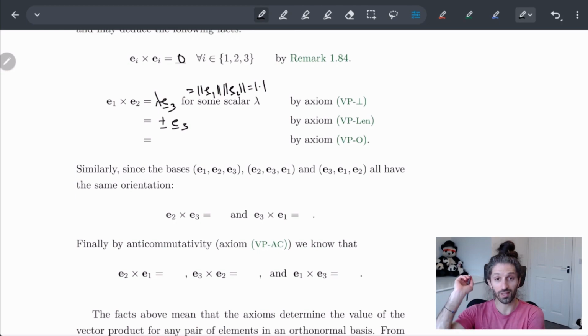So the length has to be 1. In other words, lambda is equal to plus or minus 1. And then by it being the same orientation, we're forced to actually have positive 1.